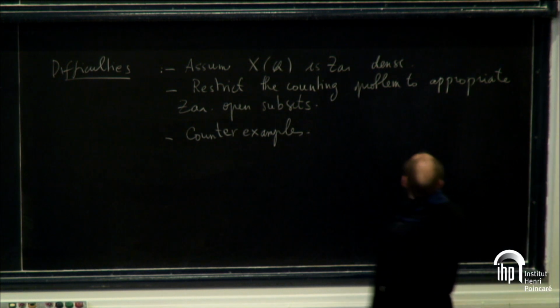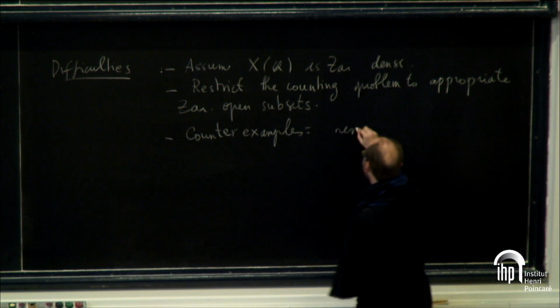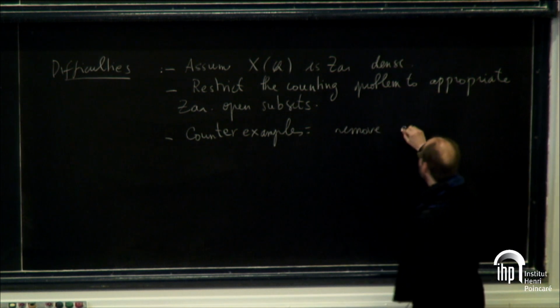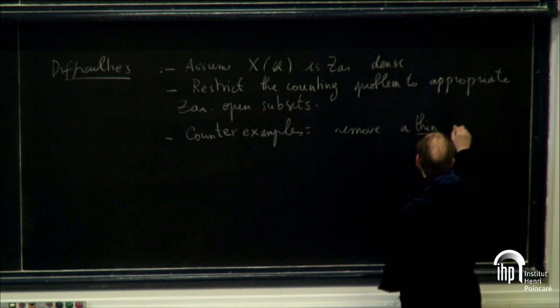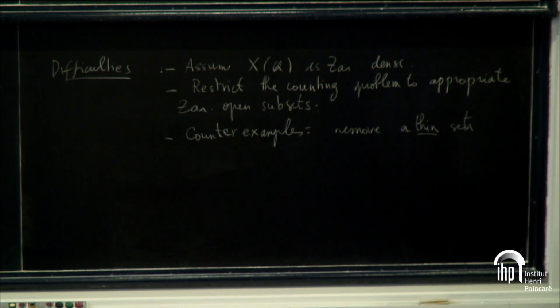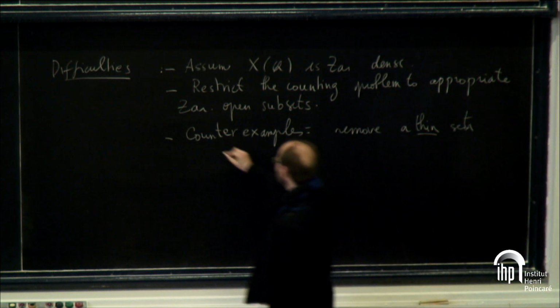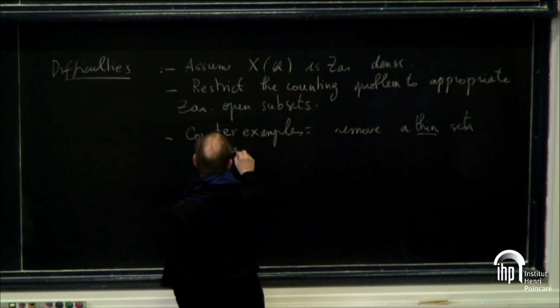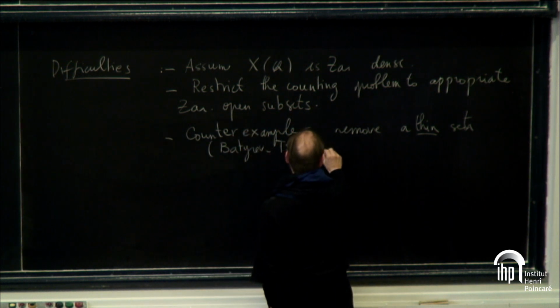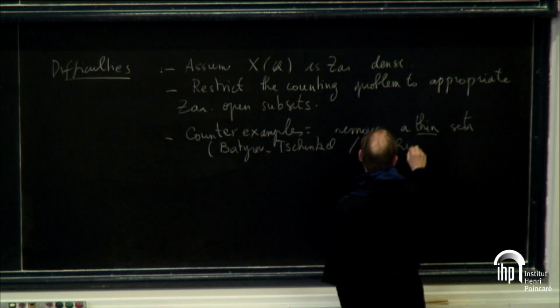In some cases one needs to remove not only a closed subset, but a subset in the sense of Hilbert's irreducibility theorem. And counterexamples are due to Batyrev-Tschinkel and Le Rudulier.